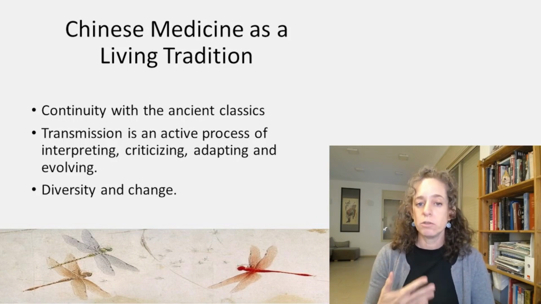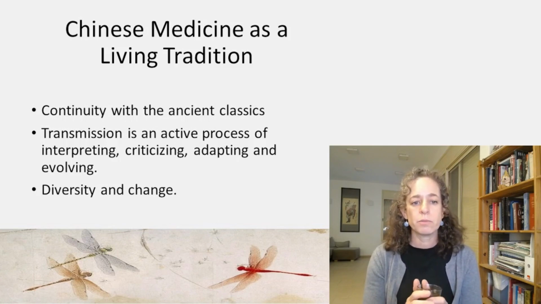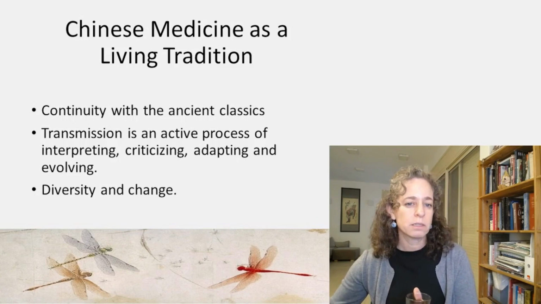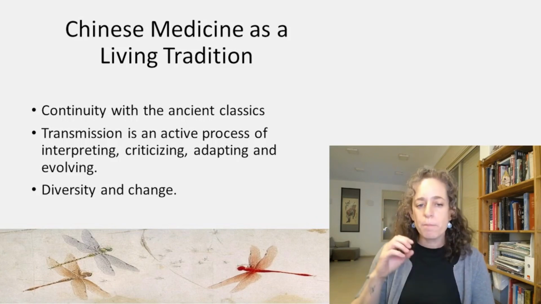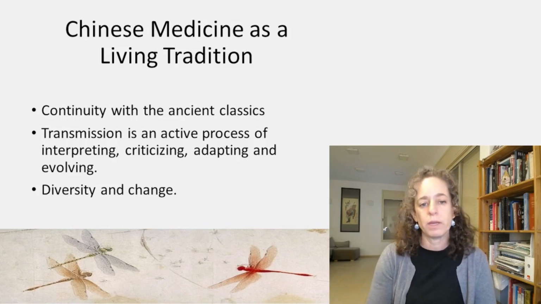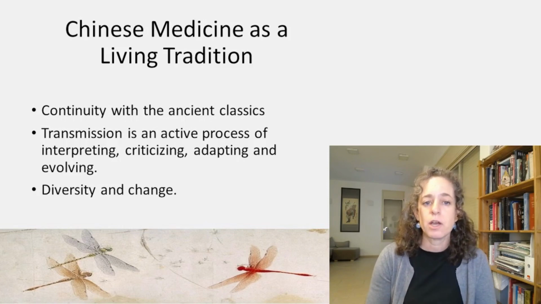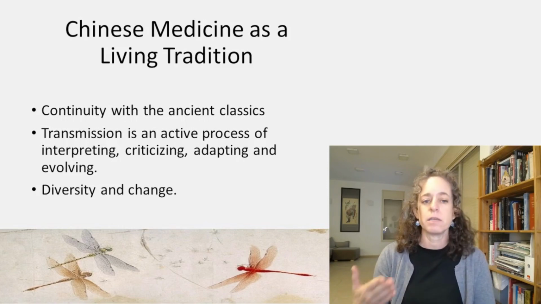We continue to use many of their concepts, and mainly, they continue to be our practical guide, our basic guide for the concepts that we actually implement in our clinic. So this, of course, is a very important point of Chinese medicine and how we practice it, to maintain this continuity.